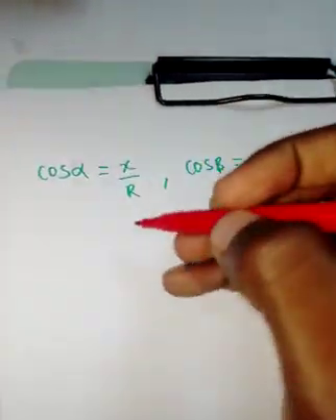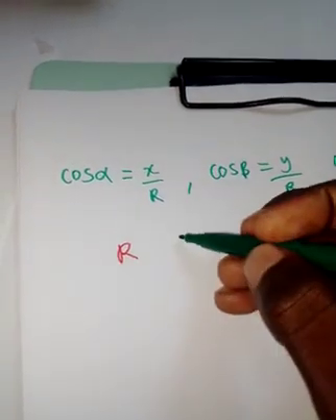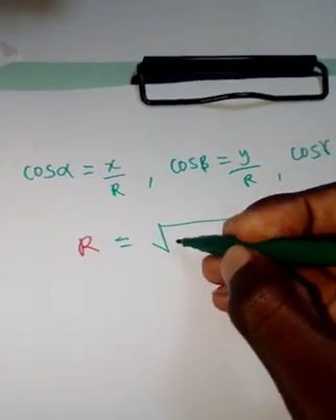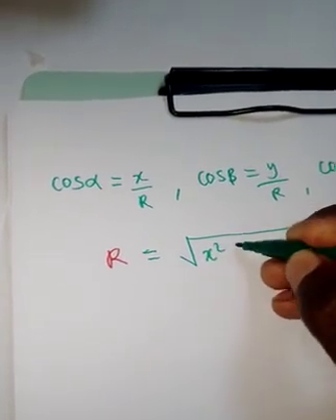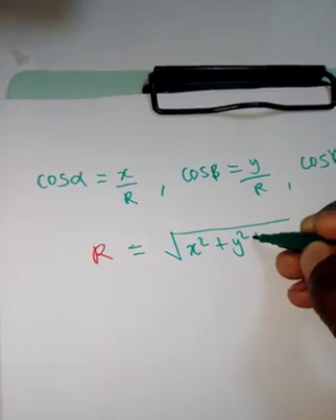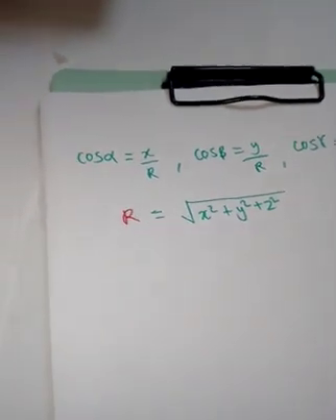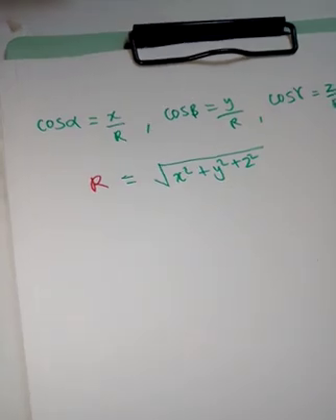Where r is equal to the square root of x squared plus y squared plus z squared. So let's identify which one is our x, which one is our y, which one is our z.